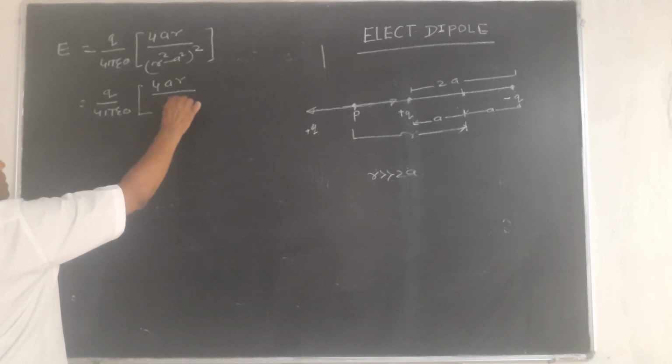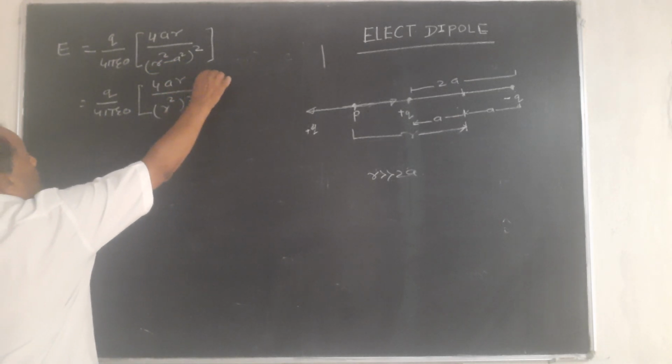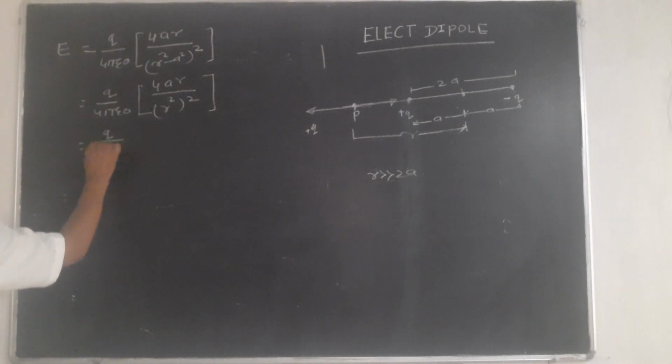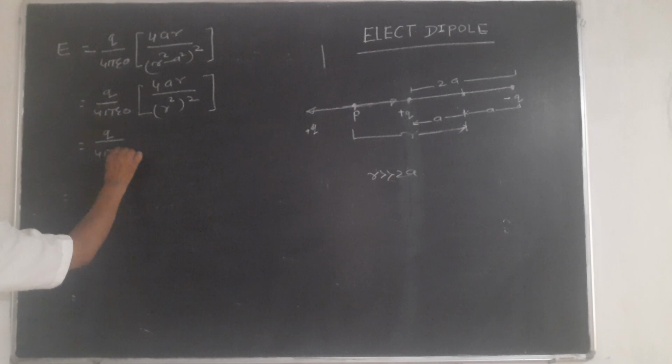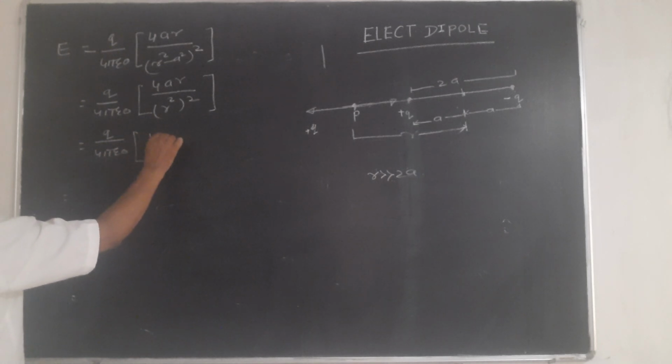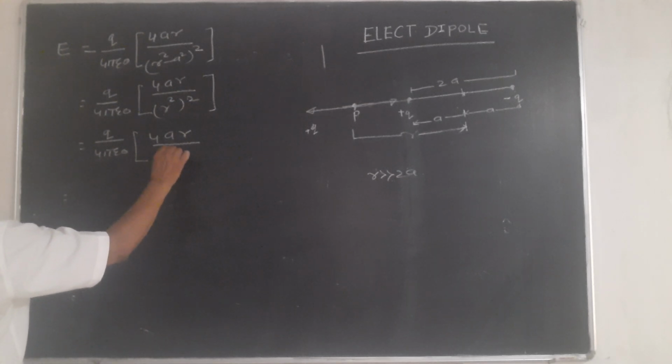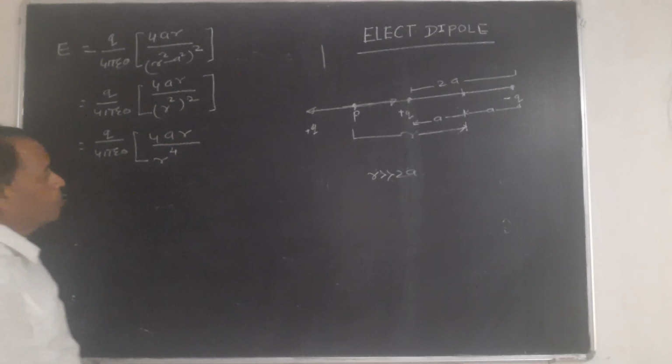So r square, and we get Q upon 4 pi epsilon naught 4a over r raised to power 4.